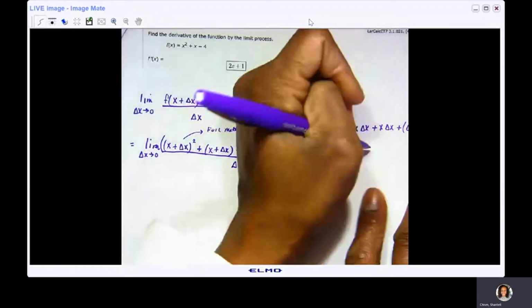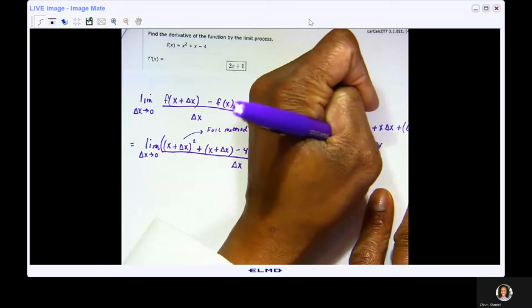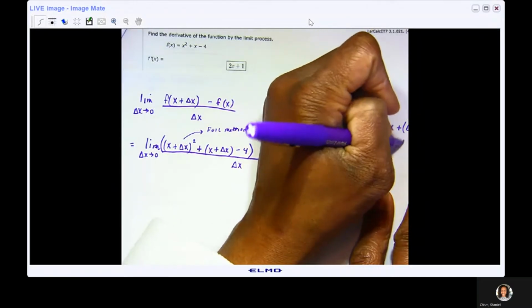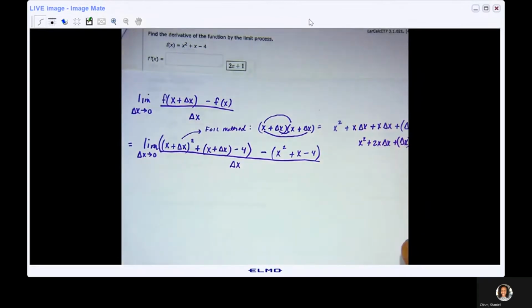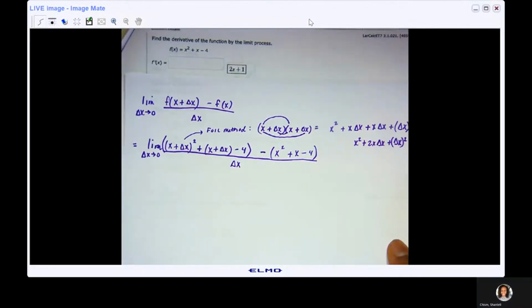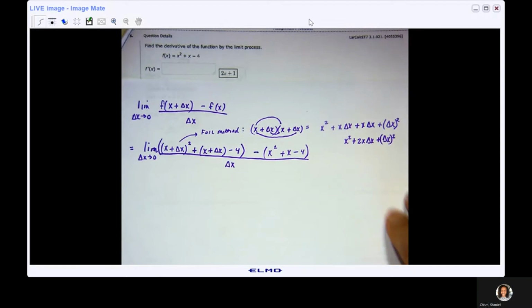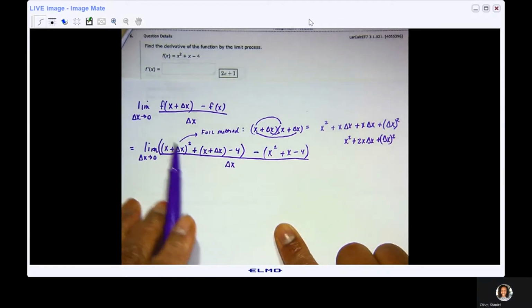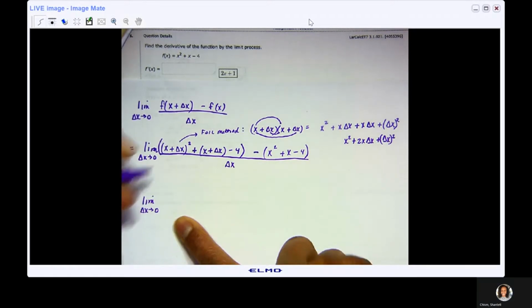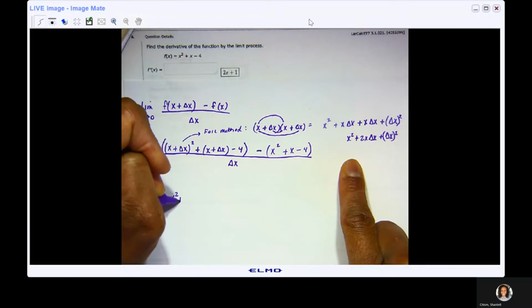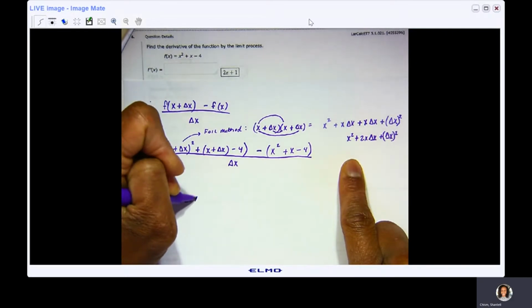Okay, that ends up giving me something. Okay, let me zoom out. All right, so that's what I have alone. So I'm going to bring it as equal to x.